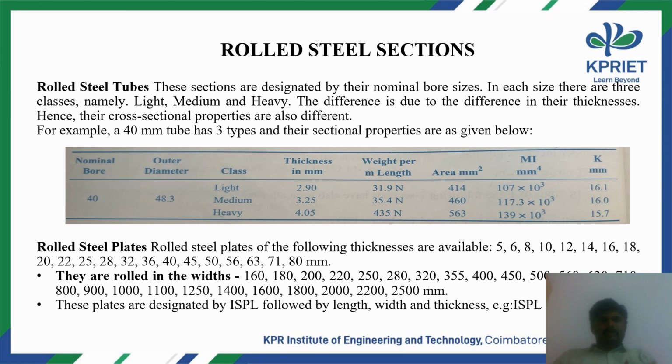Next one, rolled steel tubes are classified into three types: light, medium, and heavy, based on the diameter. And then the thickness of rolled steel plates starts from 5 to 18 mm. The width of the same plate starts from 160 to 2500 mm.